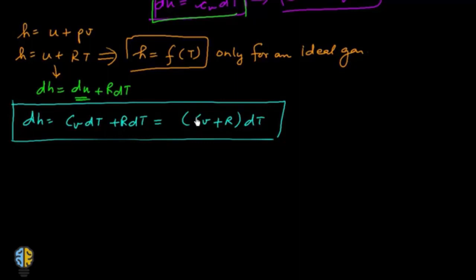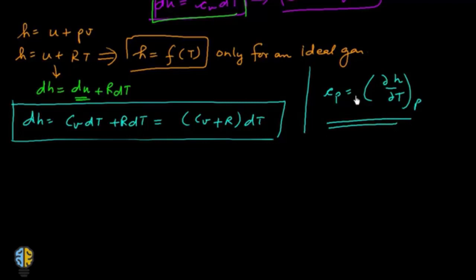Now since H is a function of only T, we can define the specific heat at constant pressure as ∂H/∂T at constant pressure. So this is the definition of Cp. So I can say that dH is equal to Cp into dT.